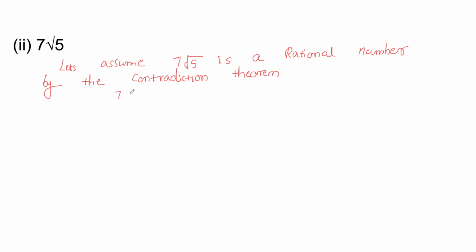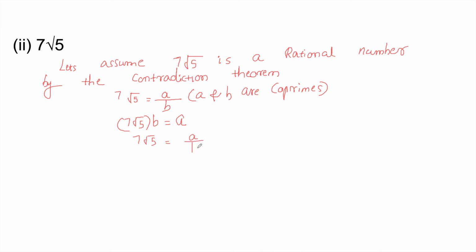Okay, then 7 root 5 is equal to a by b, where a and b are co-primes. Okay, now we can cross multiply this. 7 root 5 into b is equal to a. Okay, 7 root 5 is equal to a by b. Root 5 is equal to a by 7b.